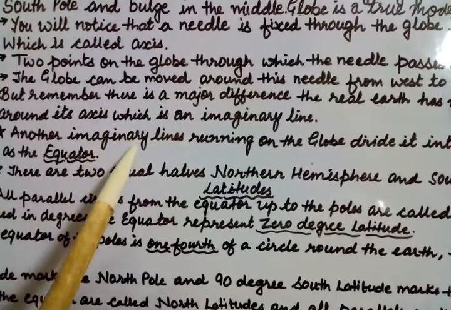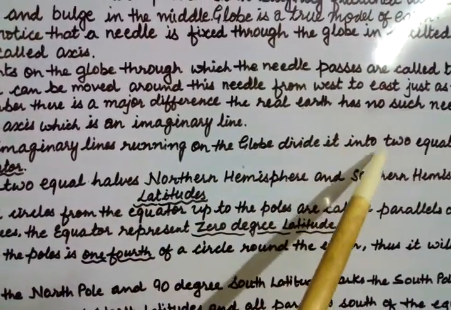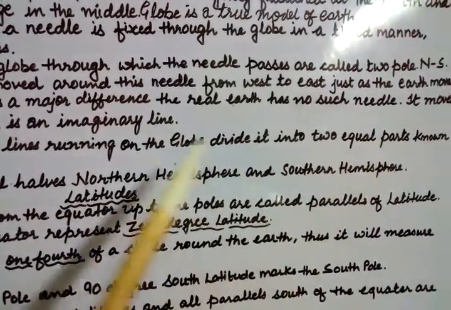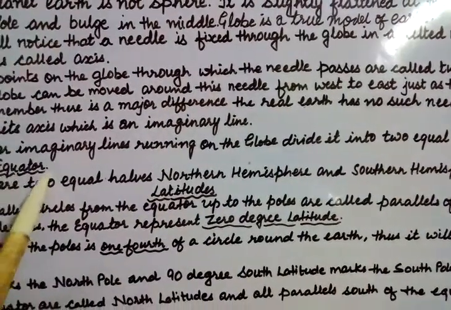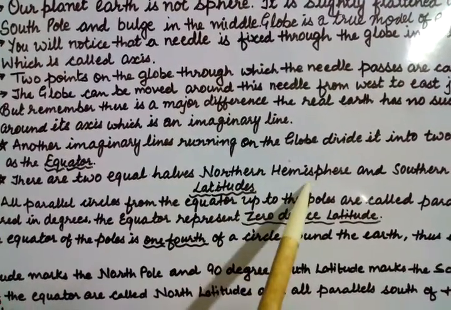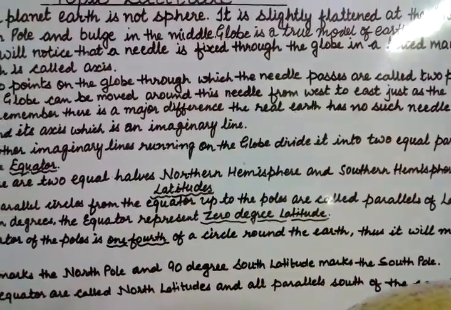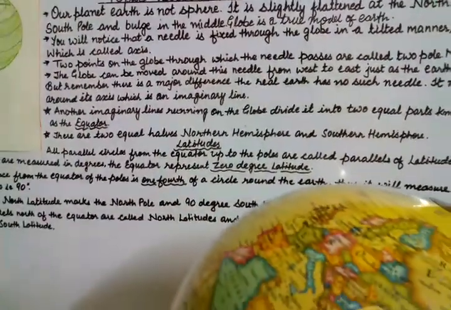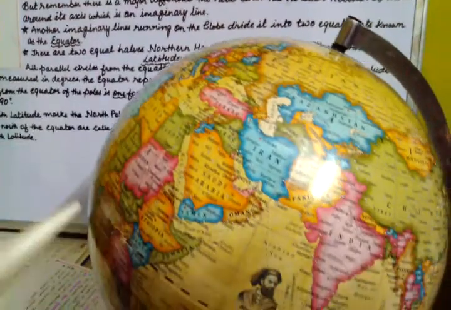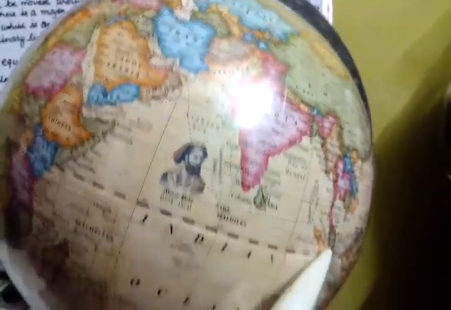Another imaginary line running on the globe, dividing it into two equal parts, is known as the equator. There are two equal halves, the Northern Hemisphere and the Southern Hemisphere. Okay. Here in this globe, I'll show you. You can see this imaginary line. Is it visible to you all? Yes.